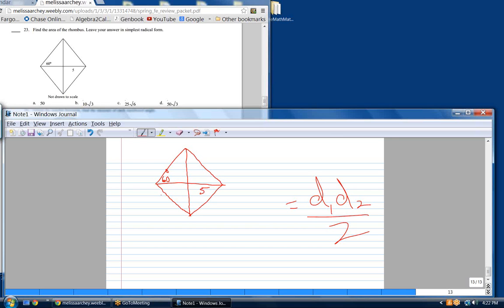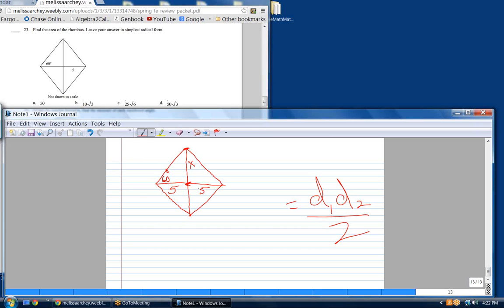What's the dimension of this side right here? 5 then. Now let's solve for x, because if we can solve for x, which goes from here to here, then we'll have the second diagonal. It'll be twice that. So let's solve for x.